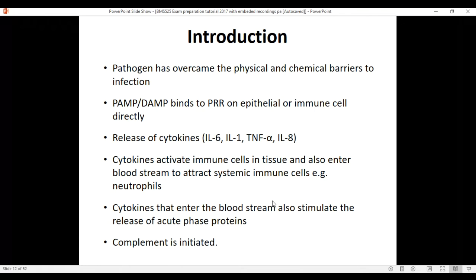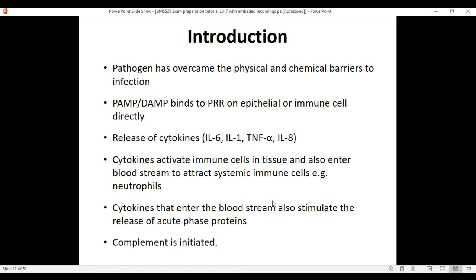Okay, so the pathogens overcame the physical and chemical barriers. The PAMPs that make up the pathogen have managed to bind the pattern recognition receptors on our cells. And when that binding occurs, it causes the release of cytokines. And at that point, the immune system has become aware that we have a foreign pathogen present in our system.